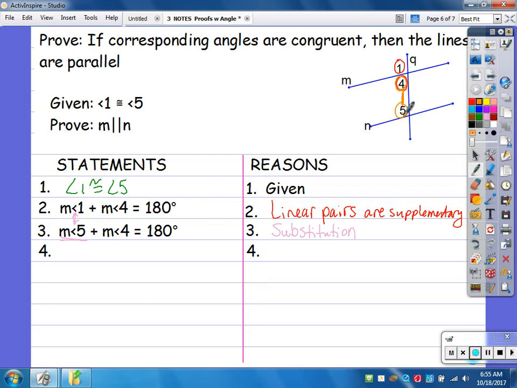So I can say that M is parallel to N because of this statement here. Those type of angles, those are same side interior angles. So I can say that when same side interior angles are supplementary, the lines are parallel.